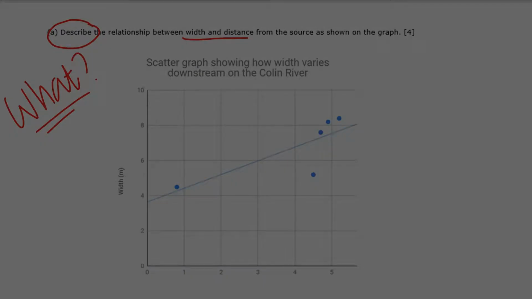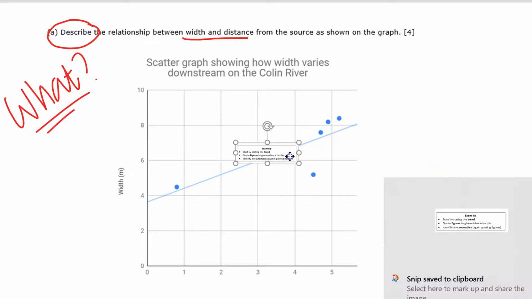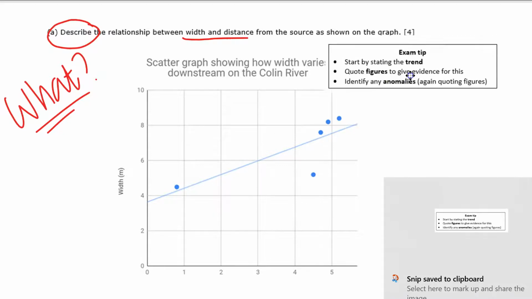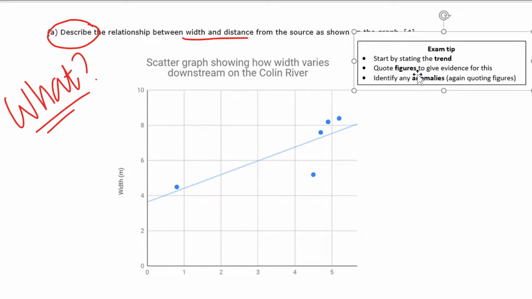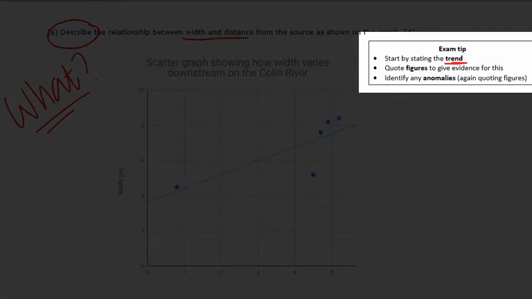The first thing that I want to do is to give you a little bit of a tip. Here comes an exam box tip. Again, this is in your book. So here's your exam box tip, and this guides you through. You start off by taking a look at the trend of the data. So you start by stating the trend. Then you need to quote figures, because you always need to have evidence for what you're saying.